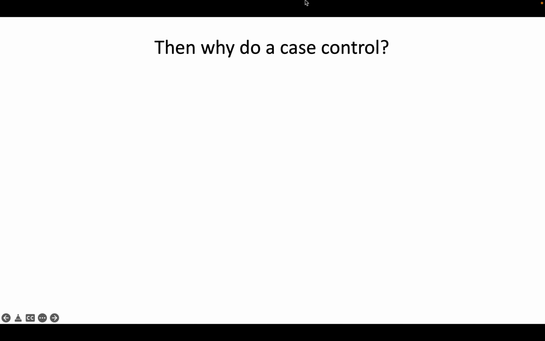So why do a case control at all if there are these reasons that a cohort study is better? Well, it's more statistically efficient. You need to understand statistical power a little bit in order to understand statistical efficiency, and I have a video on sample size calculations that covers that.